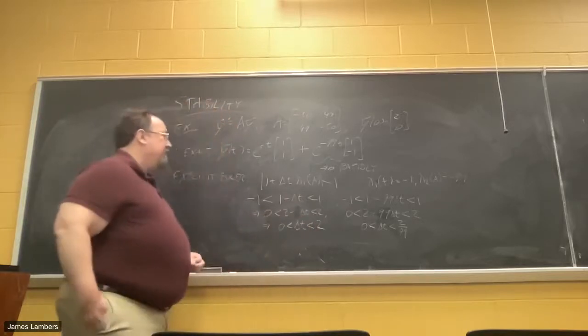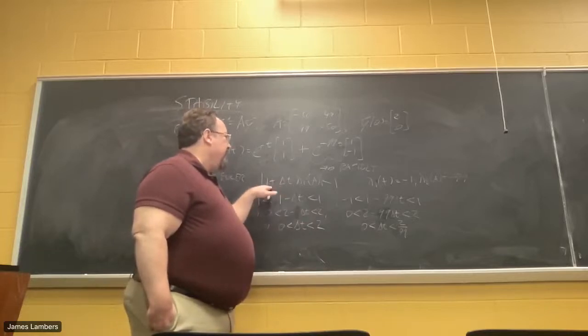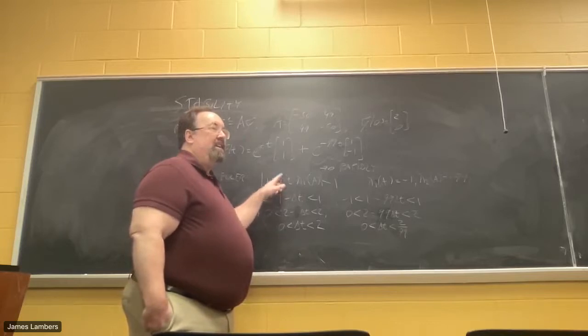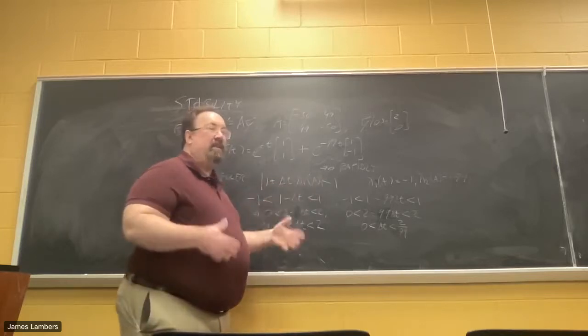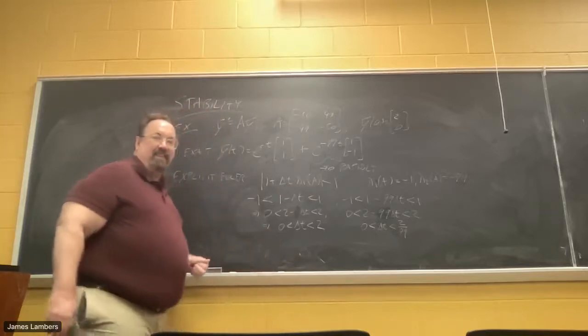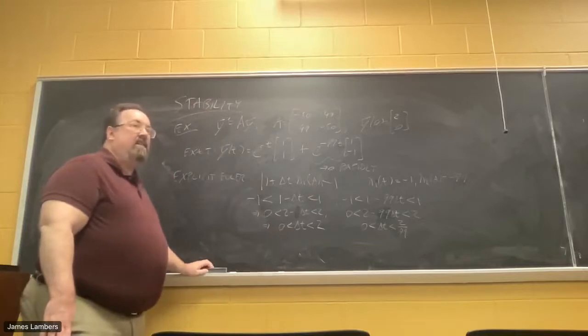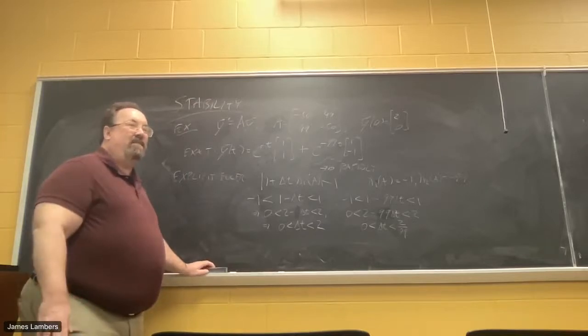If the eigenvalues were complex, what I'd have to do is think of this as the square root of real part squared plus imaginary part squared less than 1, and then use that to figure out the condition, which algebraically might be a pain. Here we're focusing on the absolute value.